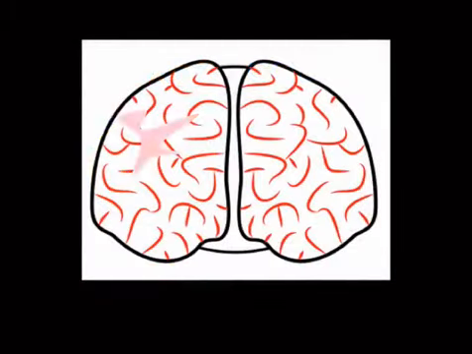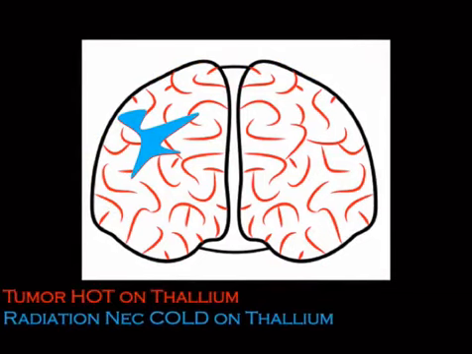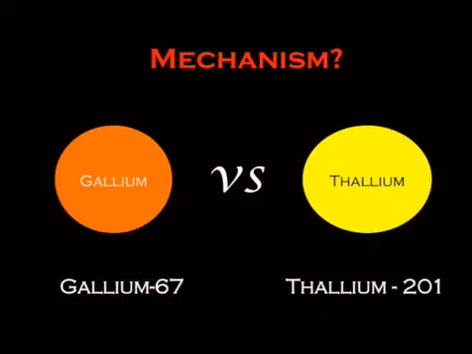Or in a setting of radiation necrosis versus tumor recurrence, where tumor is hot, radiation is cold. Now, usually people have a really hard time understanding that and keeping that straight, and they just try to memorize it and they get confused. I'm going to explain to you the mechanism, and then we're going to go back and look at those same cases, and it's going to be way easier and you're going to understand it perfectly.